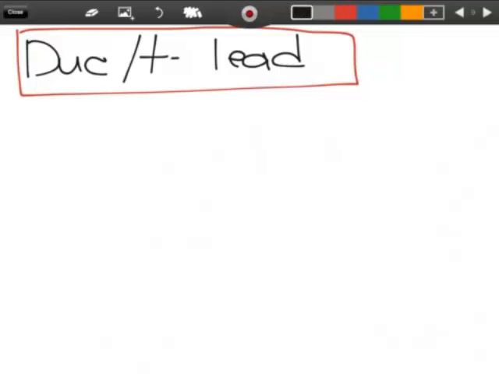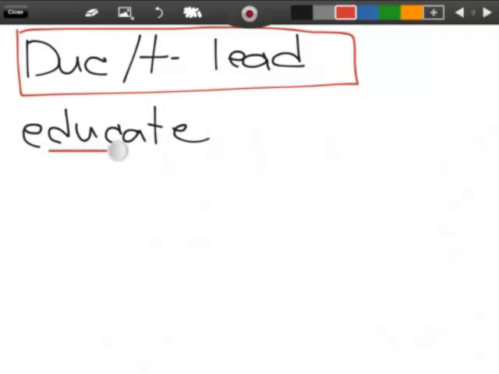Duct means to lead, and I'm going to give you two examples. One of them is going to be educate. I'm going to underline the root for you here so you can see.